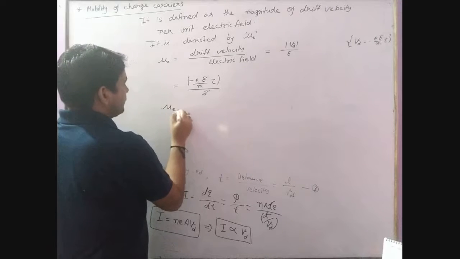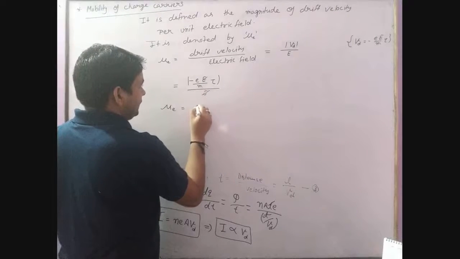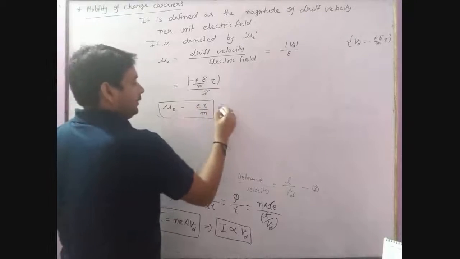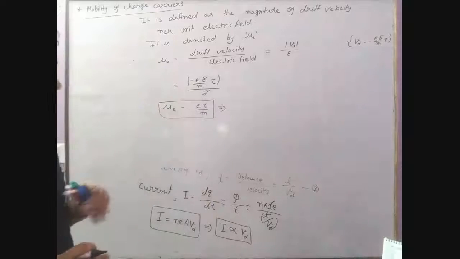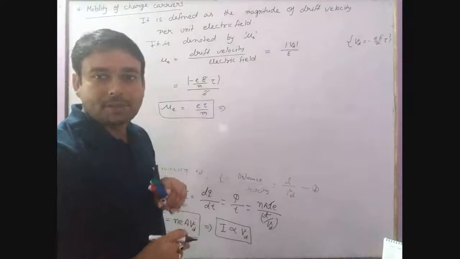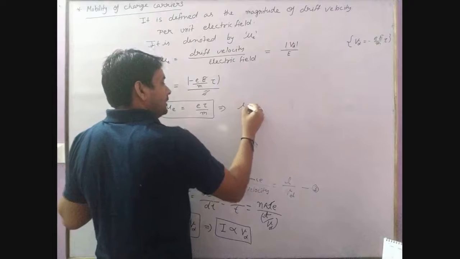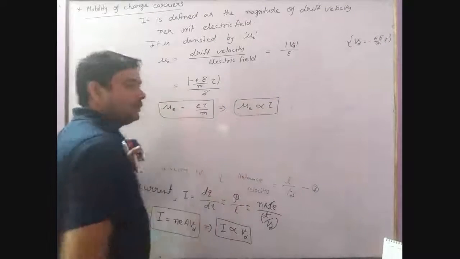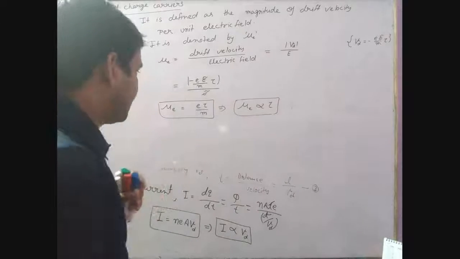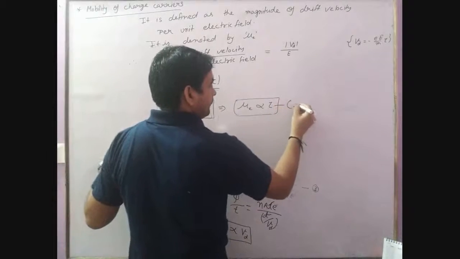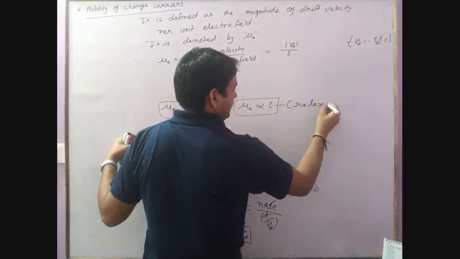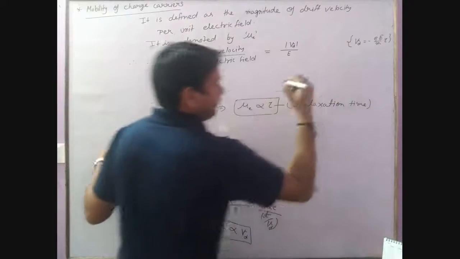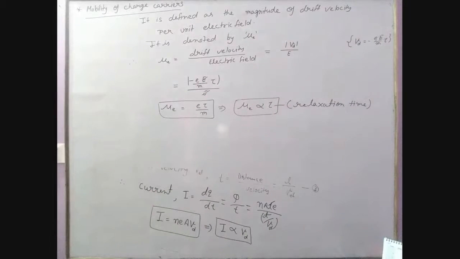So mobility of charge carrier is E tau upon m. Here E is the charge on electron and m is the mass of electron. So you will easily get the mobility is directly proportional to the relaxation time, the time between the two collisions.